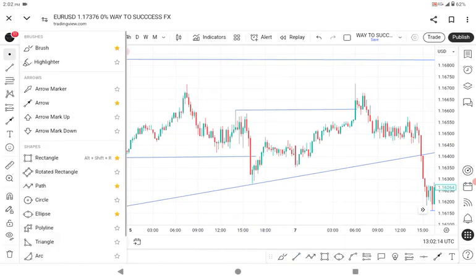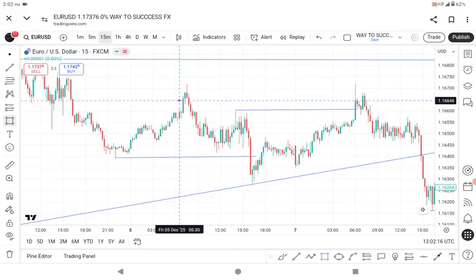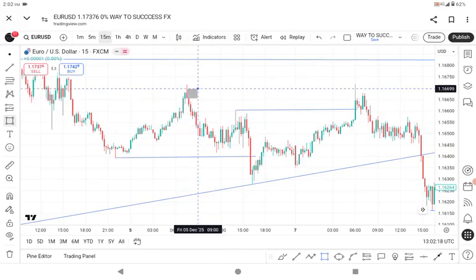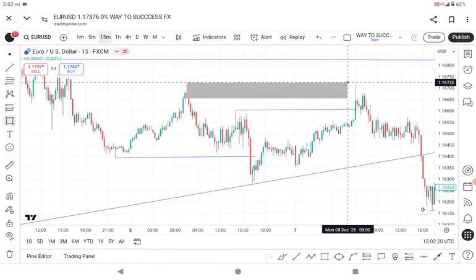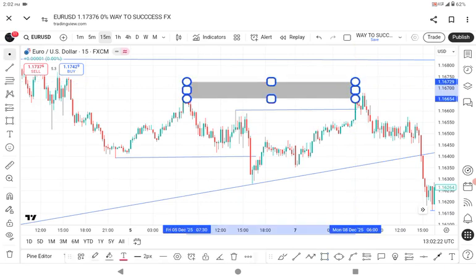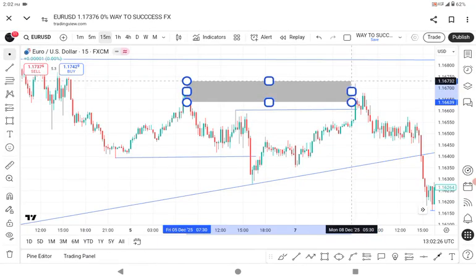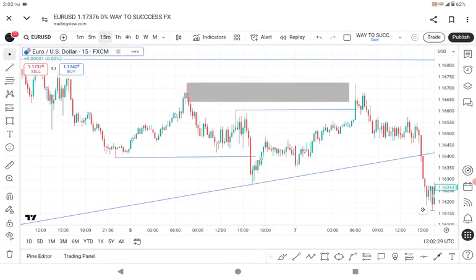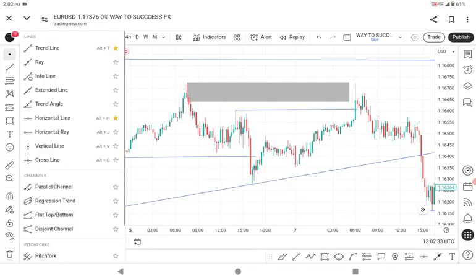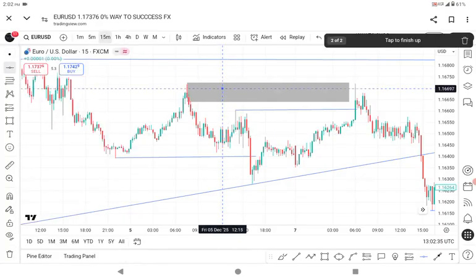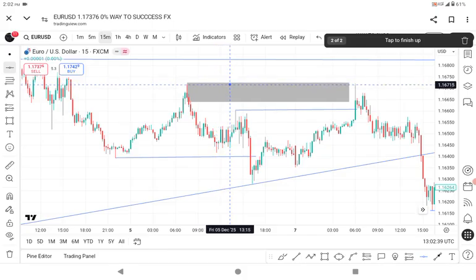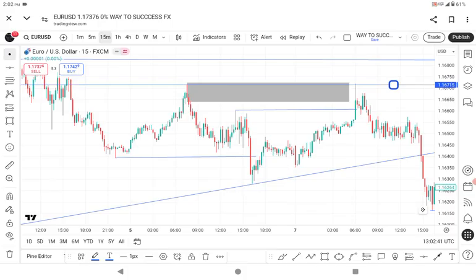And I highlighted this other block that is here, but I said that you should wait for confirmation at this level before placing your sell at this level. And if you look here, what happened? The market did respect this level, but it took out, let's say you are selling aggressively here, it swept this high, taking the money above it.